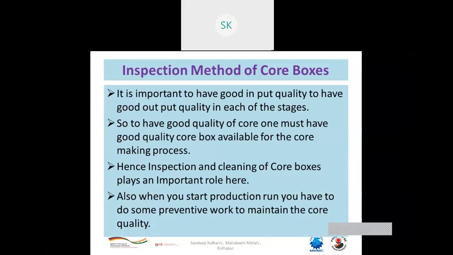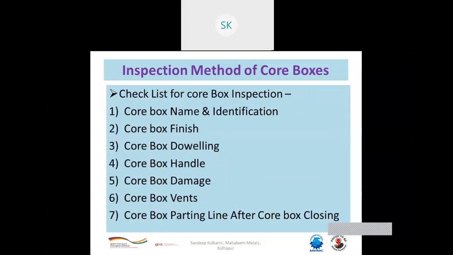It is very important that before we start, we check the core box and make it proper for production. But during the production run also, we have to take care of core box inspection, core box preventive measures, as well as checking the core quality continuously. So it will lead you to a good quality of core.